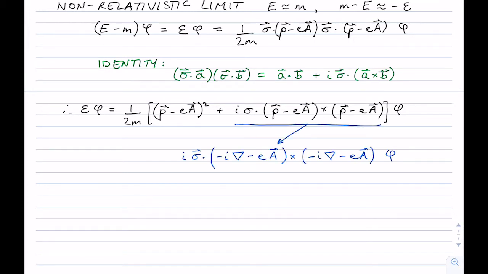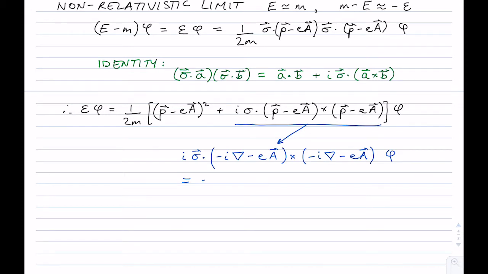So once you've reduced it to this form, we now need to actually make that cross product. And in order to do the cross product, we really just have to look at the cross terms, because when we do A cross A, we're going to get 0. And when we do grad cross grad, you're also going to get 0, because that grad is actually applied to the phi on the right. So let's make this expansion. We're going to have the minus i times i is 1.